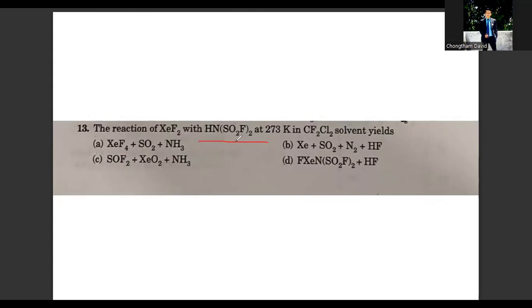I shall write the name here: difluoroamine sulfonyl fluoride.